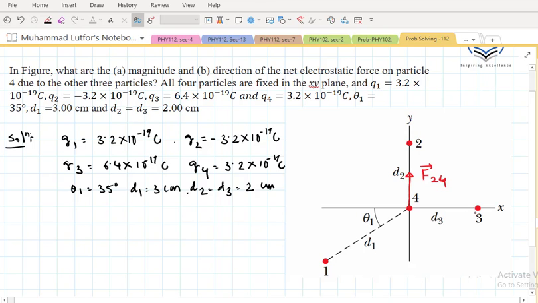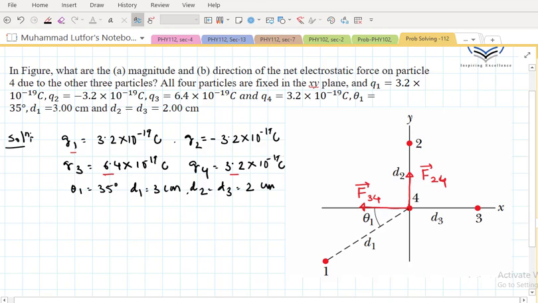Now Q3 is positive, which is 6.4, and Q4 is also positive. So that means they will repel each other. So this is the force on 4 provided by 3. Now Q1 is also going to repel Q4, because both Q1 and Q4 are positive.